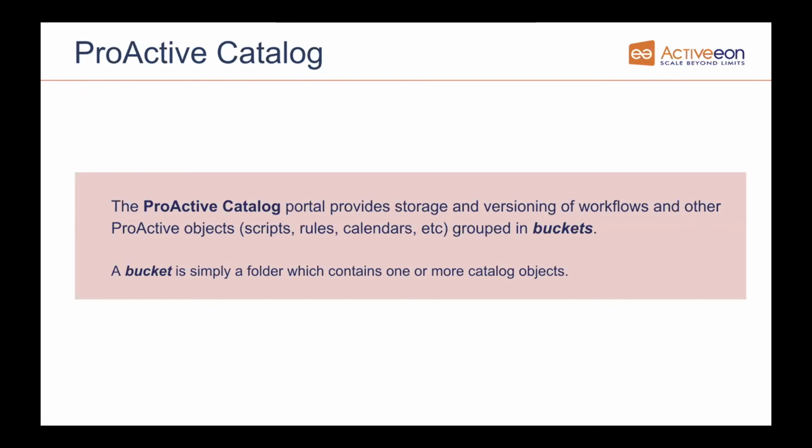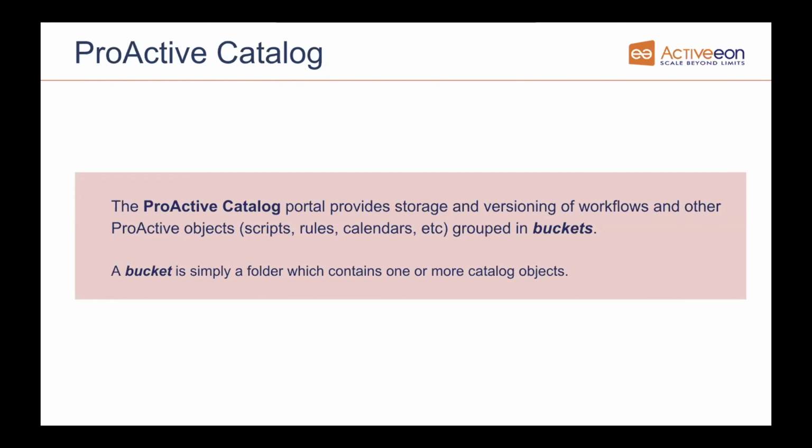So these objects are grouped in buckets. A bucket is a repository or folder that contains a set of objects which have, let's say, a common team, or they belong to a single project or a single service inside an organization.